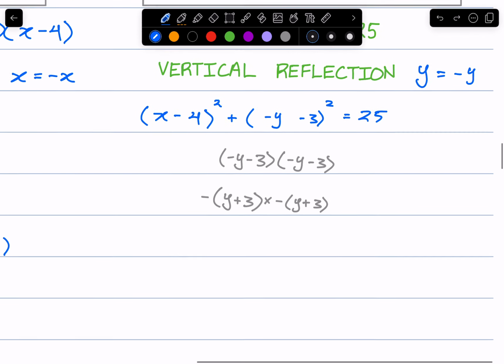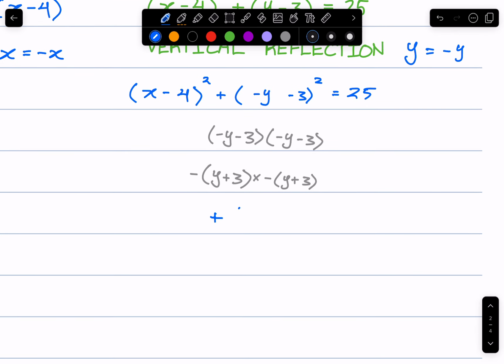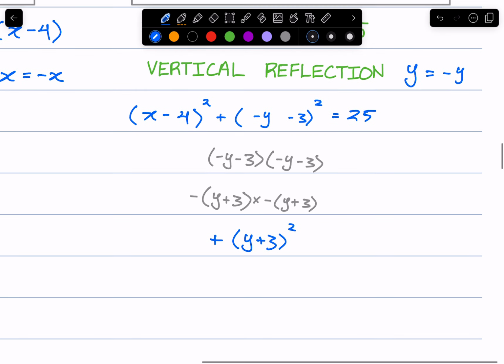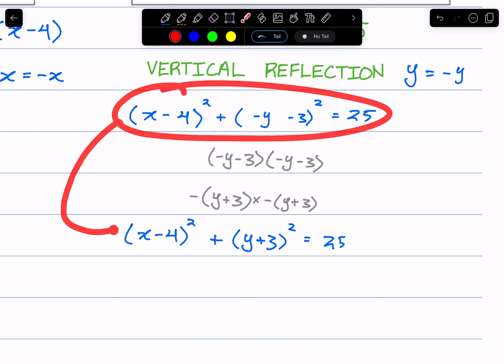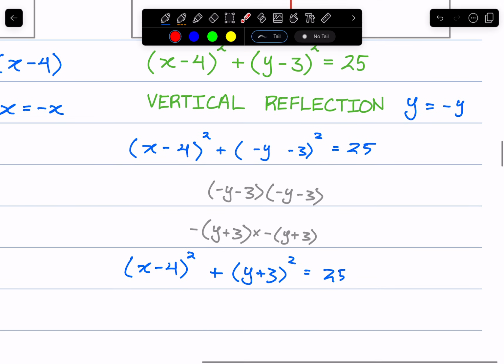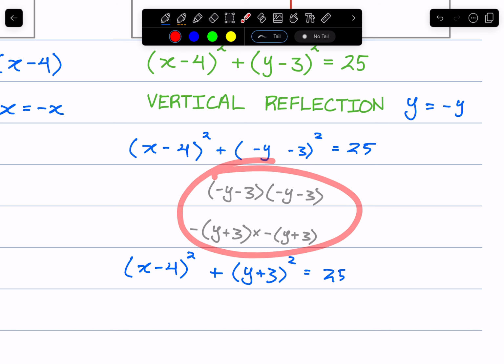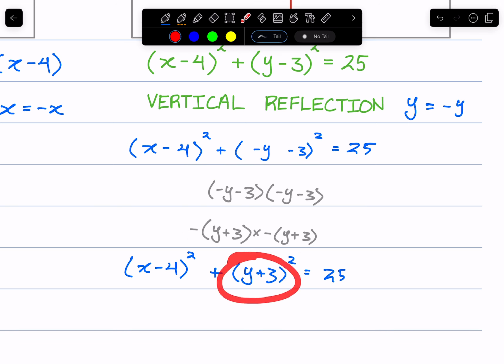So this would just give us y plus 3 squared. So all of this can be done in one step. So from here to here can be done in one step, but if you don't understand what's going on in the background, you might get lost as to why this negative 3 would suddenly become a positive 3.